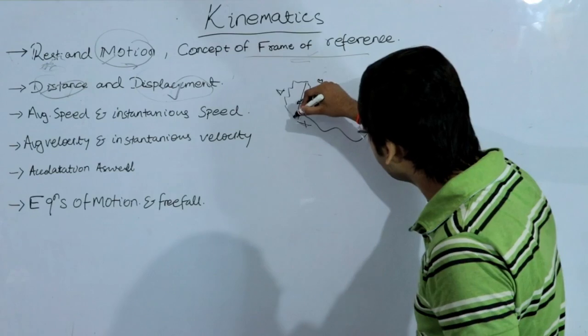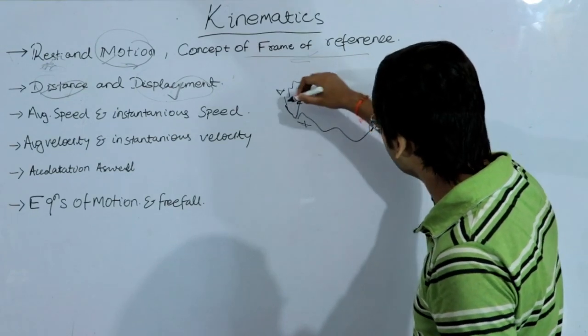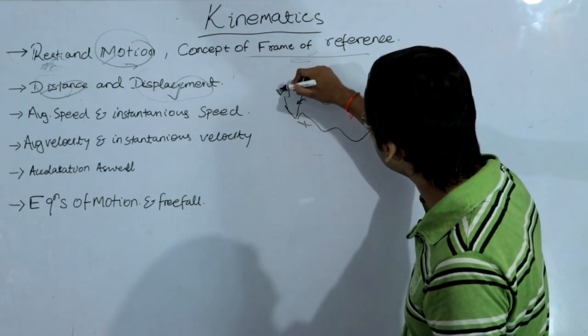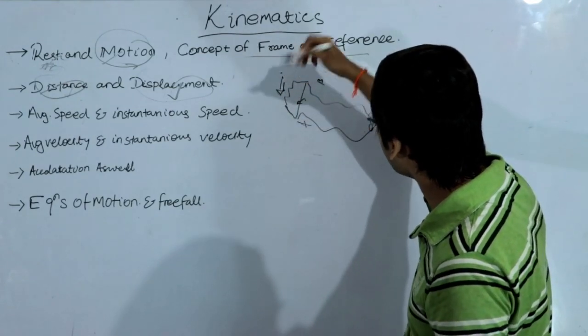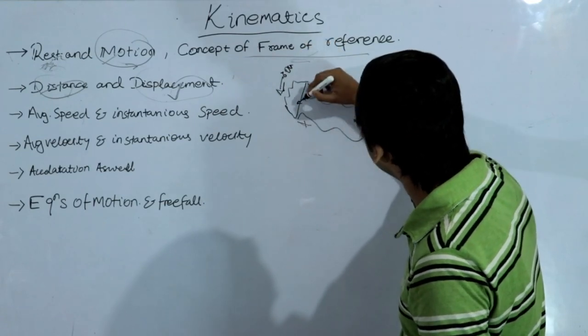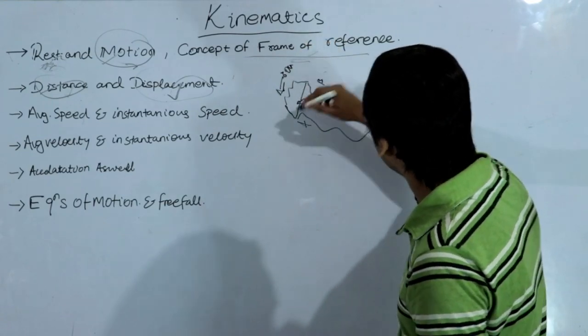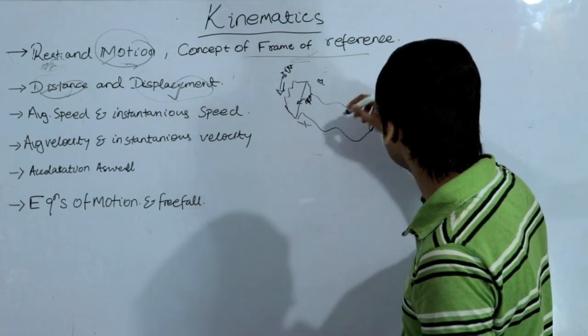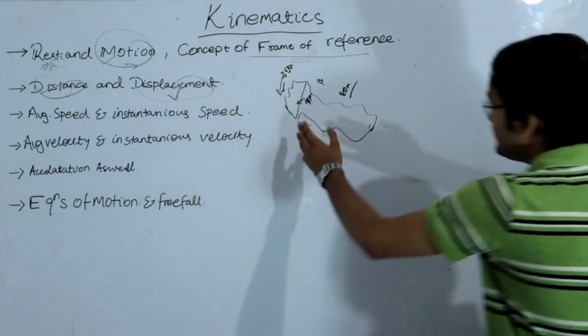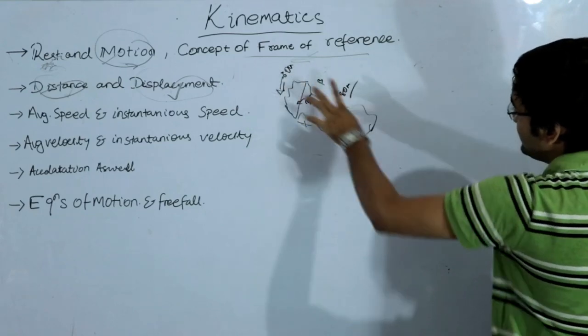If you were taking the reading of the odometer of the bike or the vehicle, whatever he is riding, then you can see the distance traveled by A is maybe, I don't know, 60 meters, traveled by B is equal to 30 meters, and the path taken by C is equal to 80 meters, whatever. So this is called the distance.